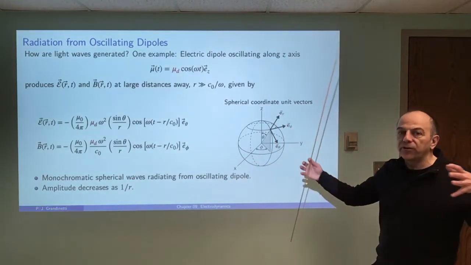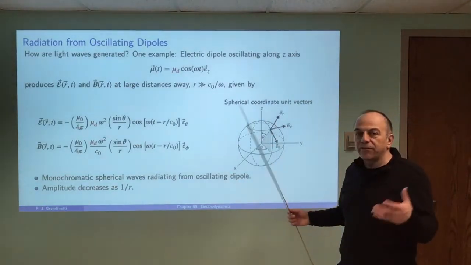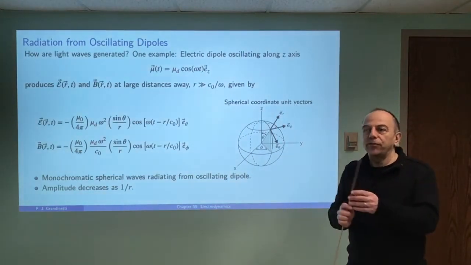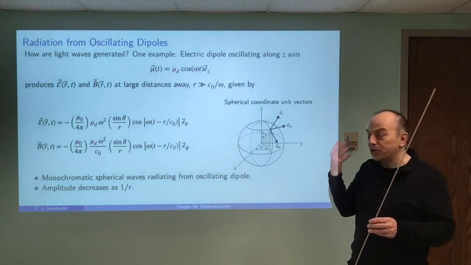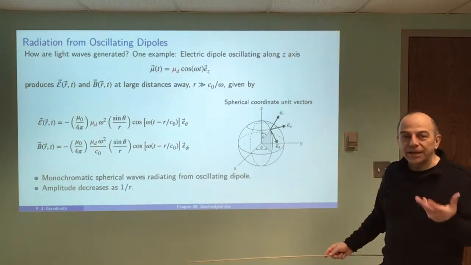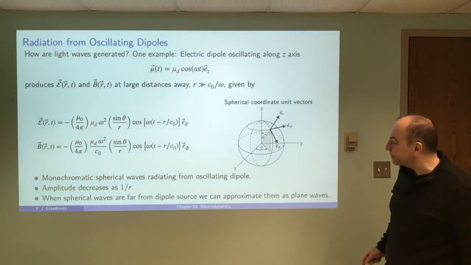So as you get further and further away, the amplitude of the electric field and the magnetic field fall as 1 over r. That's what you would expect, for example, if you're moving away from your cell tower and you're trying to get signal: the electric fields that you're going to be experiencing from that are going to be falling as 1 over r.